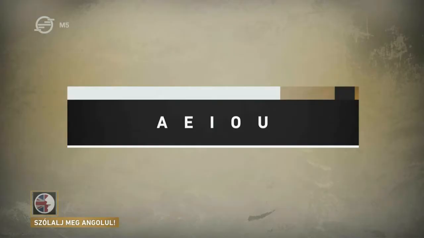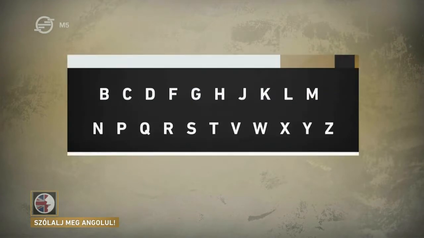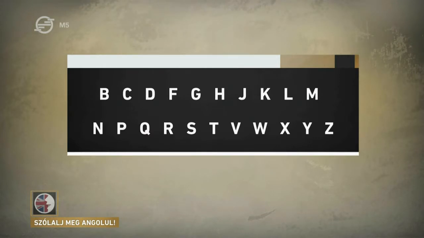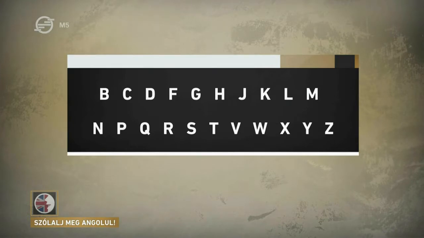Okay, so, just to make sure, vowels are A, E, I, O, and U. And consonants are B, C, D, F, G, H, J, K, L, M, N, P, Q, R, S, T, V, W, X, Y, and Z.